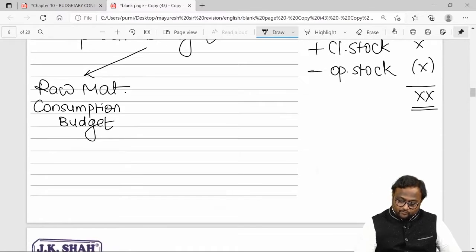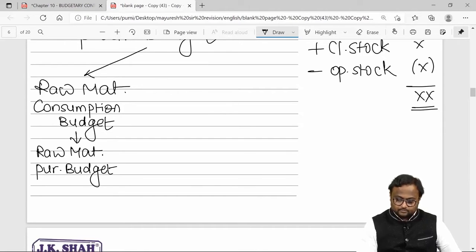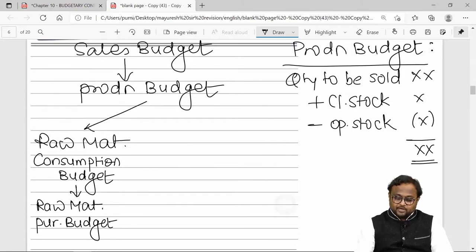And the moment you have raw material consumption budget, your next step is going to be raw material purchase budget. Trust me, nothing can be asked beyond this.